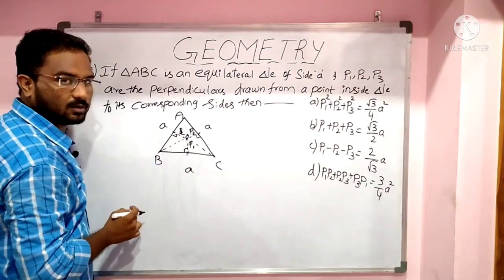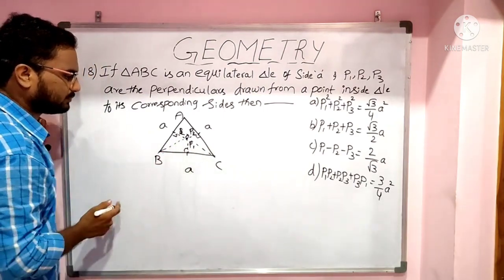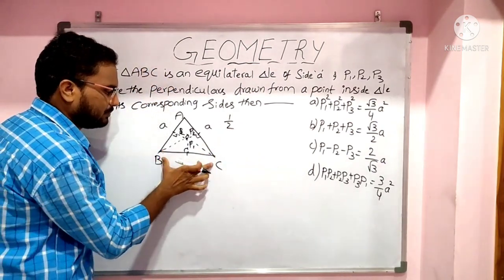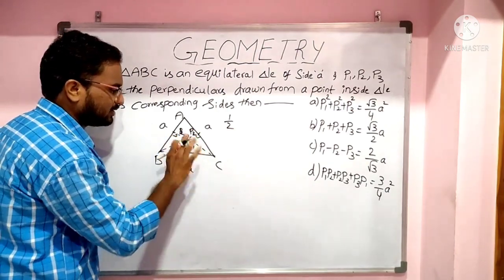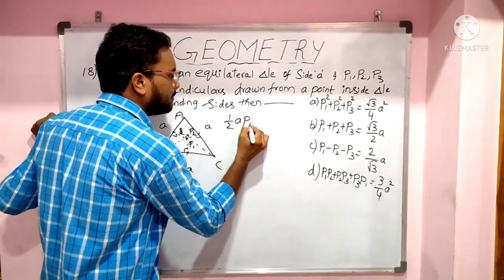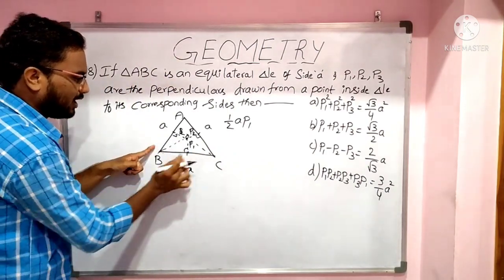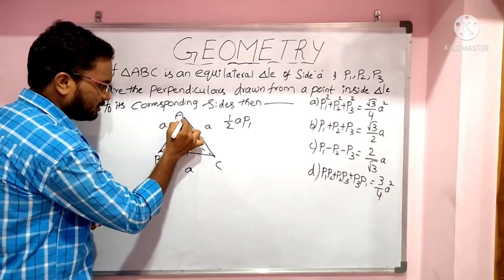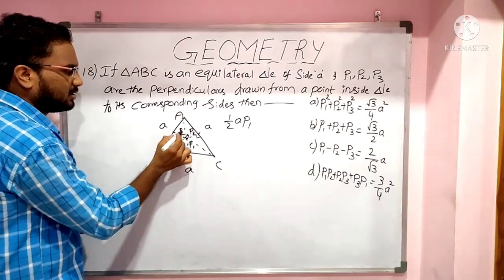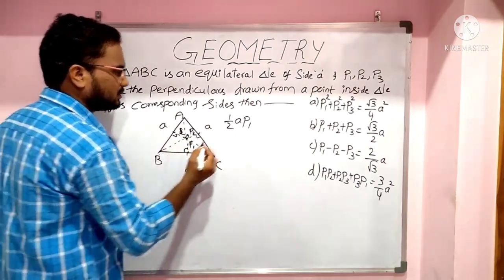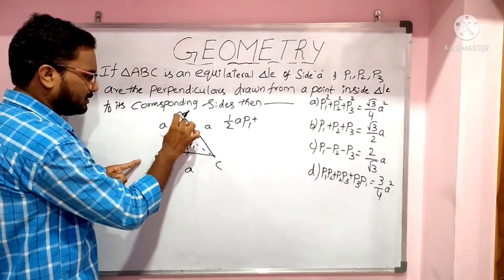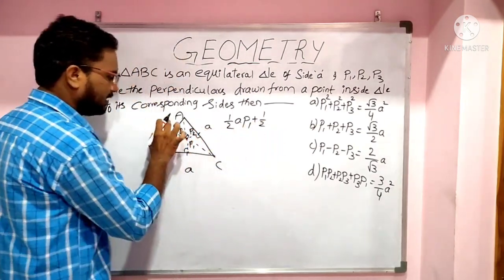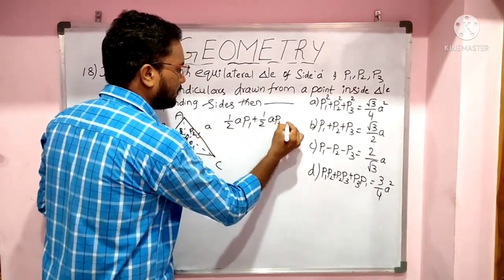Triangle BOC. Area of triangle BOC equals half into base into height, half into A into P1. Area of triangle AOB equals half into base into height, where base is A and height is P2, so half into A into P2.